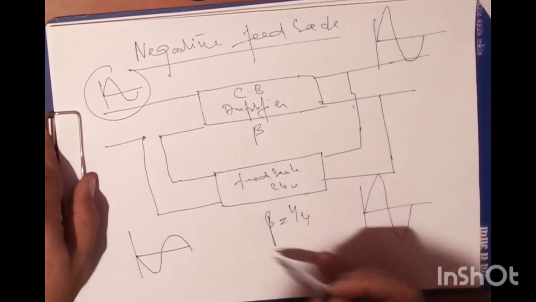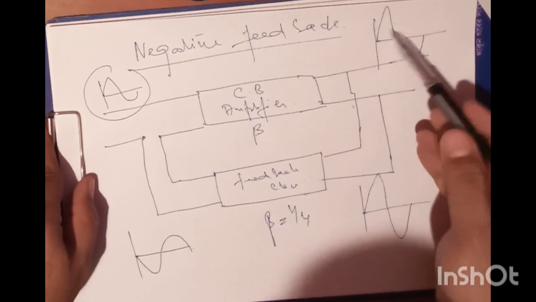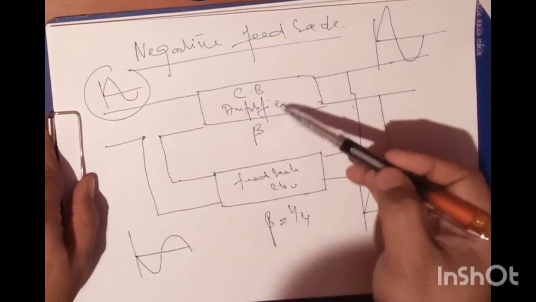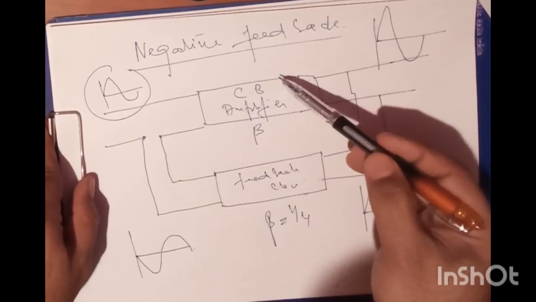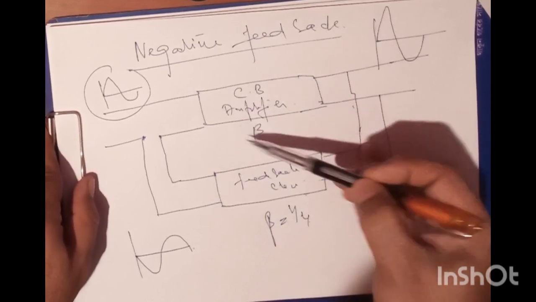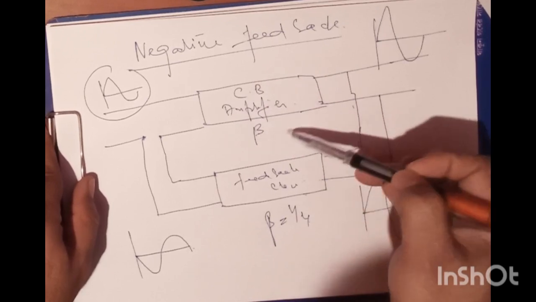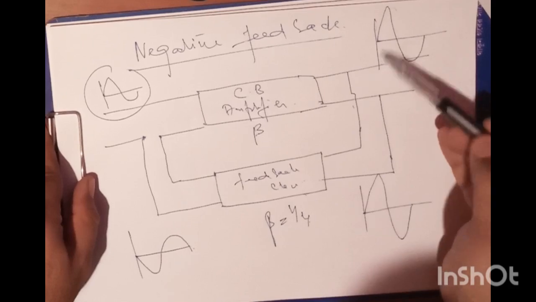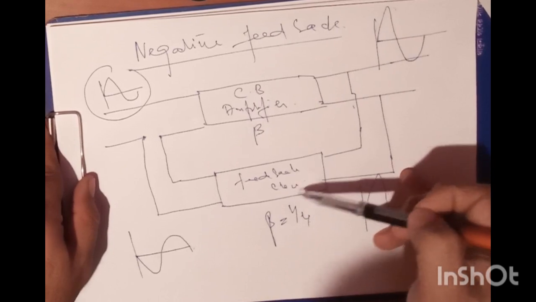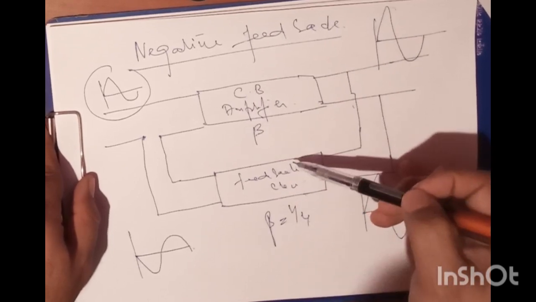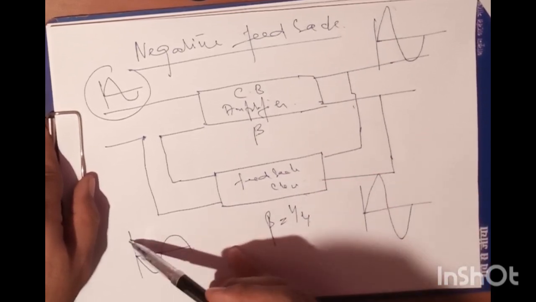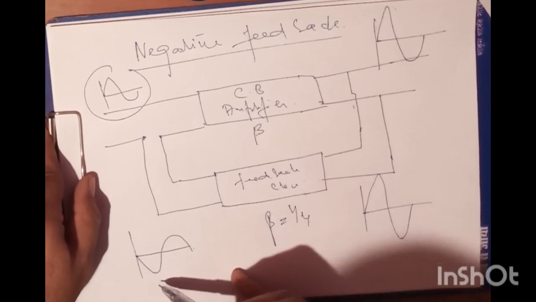So what happens now is we are making use of the output signal that we have obtained by amplifying an input signal via a common base amplifier. And we understand that a common base amplifier does not change the polarity of the input signal. So we have the output signal in the same phase. Then we send the same signal to the feedback circuit, and what the feedback circuit does here is it changes the polarity. The output that we obtain here is out of phase.